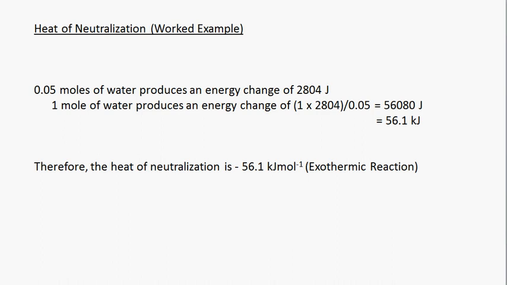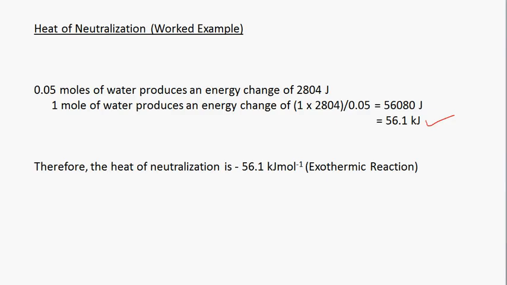Remember, the 2804 was calculated by using E equals mc delta theta. So therefore we need to find it for 1 mole of water. So we write up our statement as 1 mole of water produces 1 multiplied by 2804 divided by 0.05, and we end up with 56.1 kilojoules.